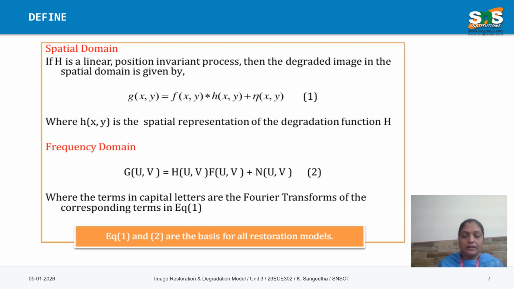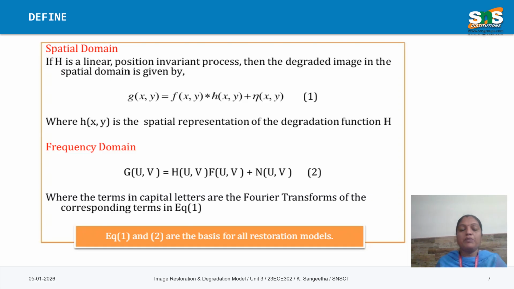You already know that there are two domains, spatial domain and frequency domain. If h, the degradation function, is linear and position invariant, then the degraded image in the spatial domain is g of x comma y equals f of x comma y convolved with h of x comma y plus eta of x comma y.